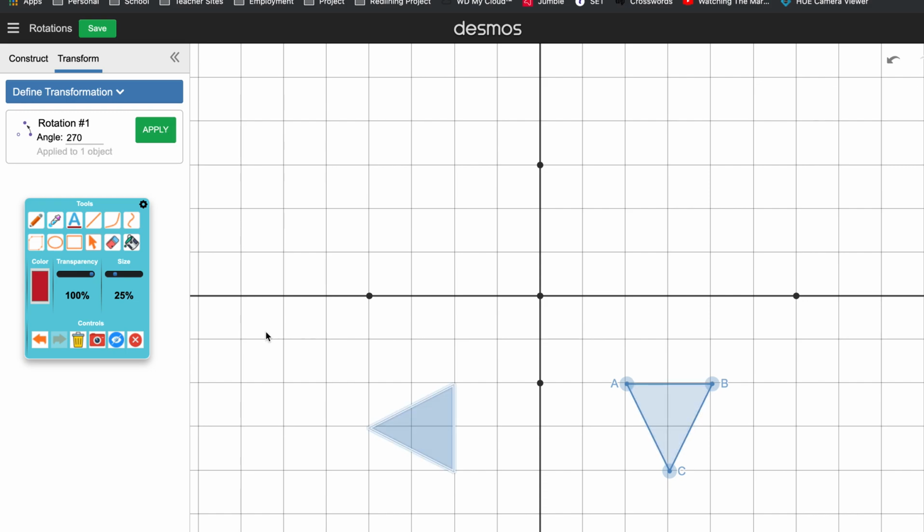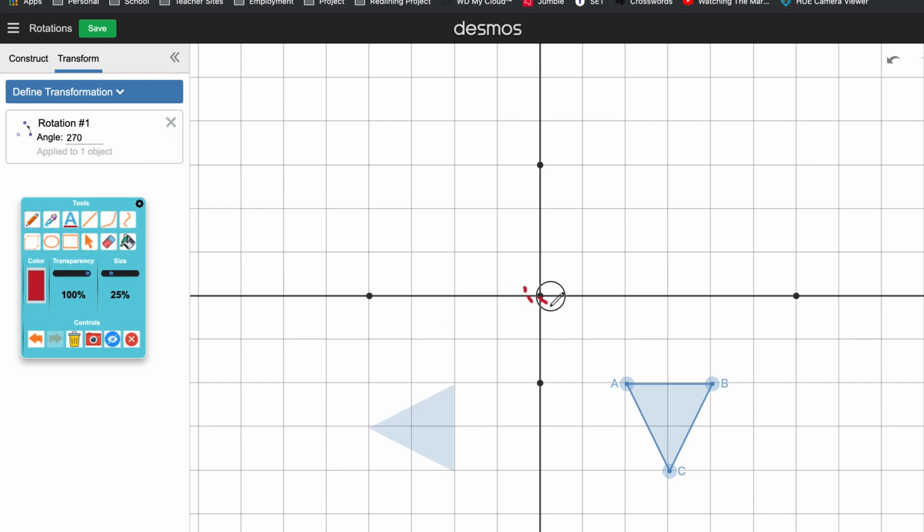There we go. So what's actually happened is this thing has started here. Here's A. And it's gone 90, 180, and then 270 around, which I would argue means that this must be A prime. Well, let's take a look.